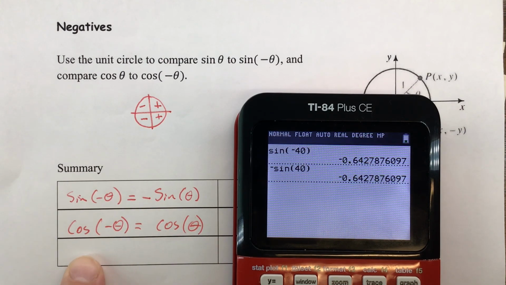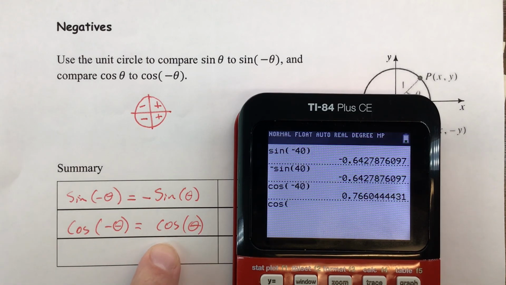Okay, so for cosine, these should end up being the exact same thing. I can do the cosine of negative 40, get that answer, type in the cosine of positive 40 and see that I get exactly the same answer. Now you can do this with obtuse angle measurements or any other type of angle you can think of and it would still hold true.